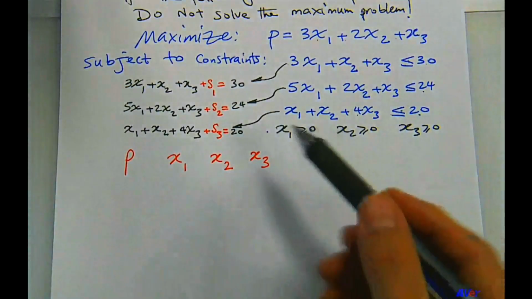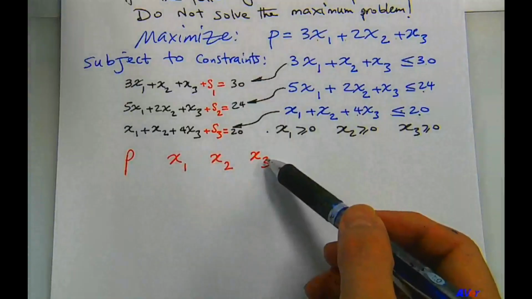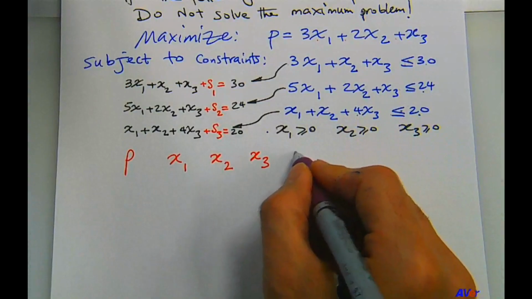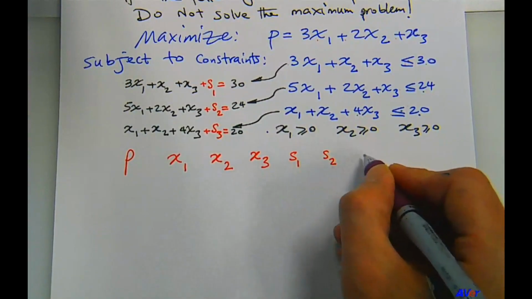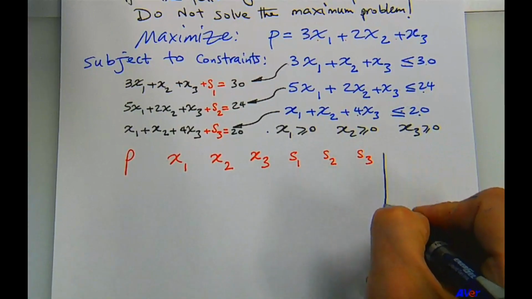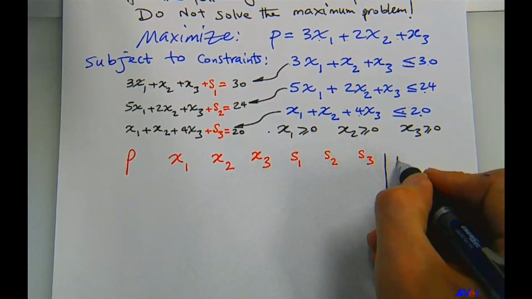So now, in addition to x1, x2, x3, we have these three slack variables. So therefore, s1, s2, s3, and of course, finally, the right-hand side column.